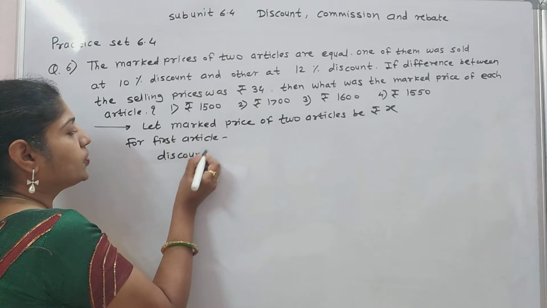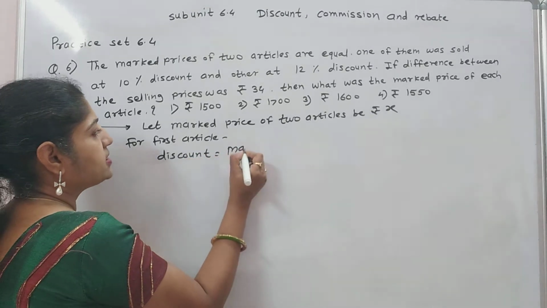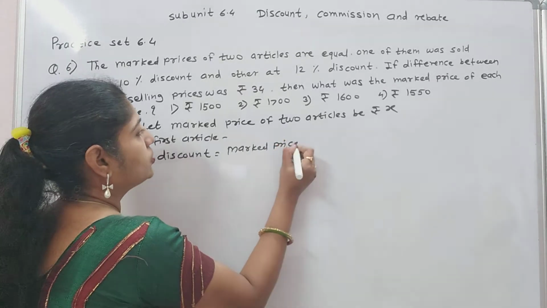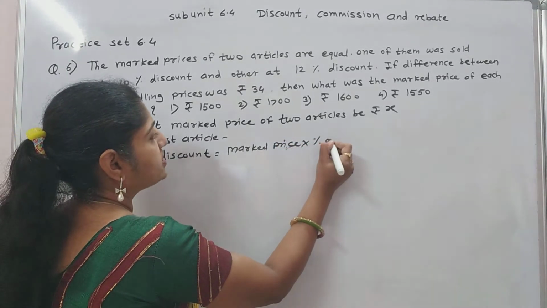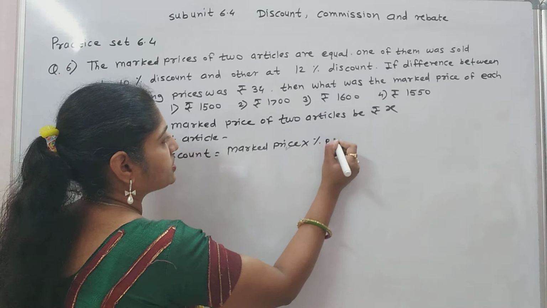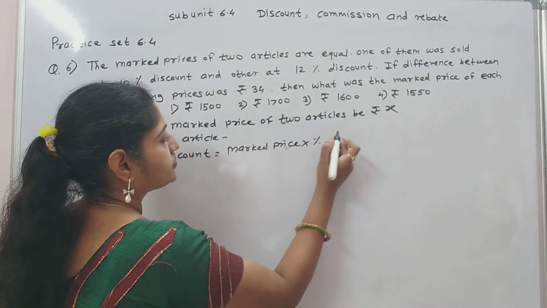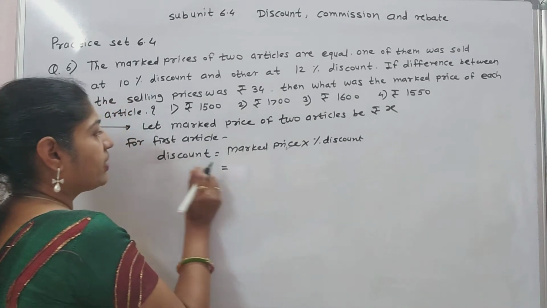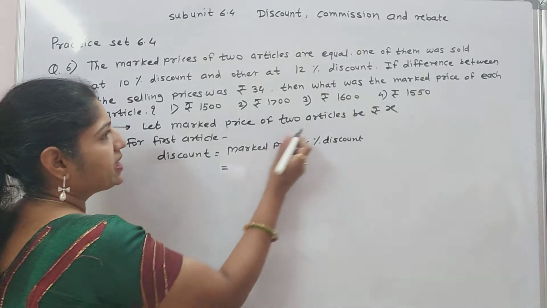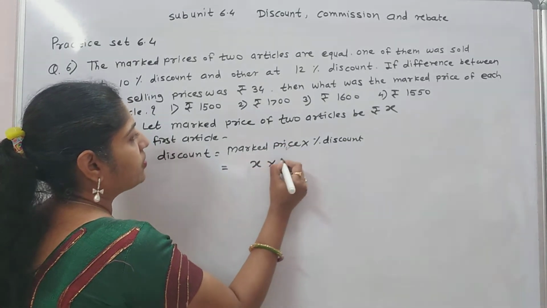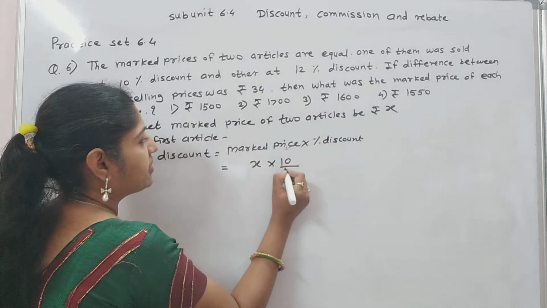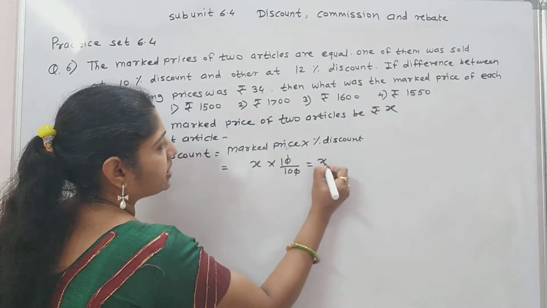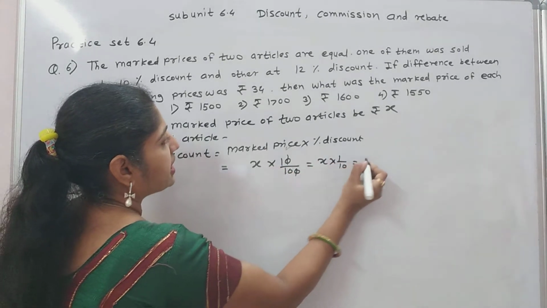Discount equals mark price into discount percentage. Mark price is X and discount is 10%. 10% means 10 upon 100. Zeros are cut. X into 1 upon 10, that is X upon 10.